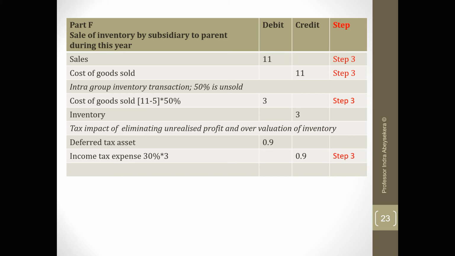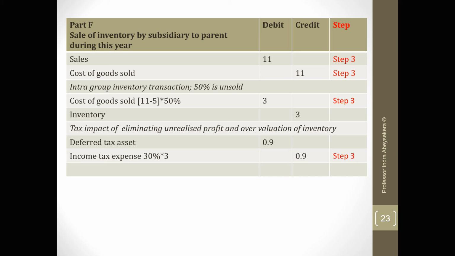And for the cost of goods sold, we now have to decrease the unrealized earnings and the valuation, but that's limited to 50%. So we debit cost of goods sold and credit inventory, and the tax effect of that is restricted to the 50% of valuation. So debit deferred tax asset and credit income tax expense.